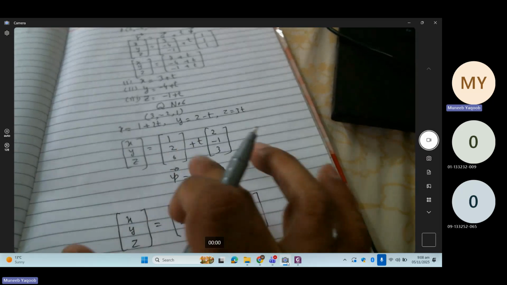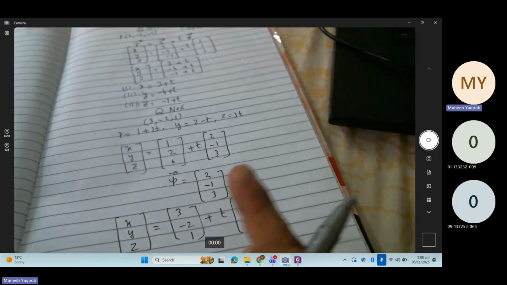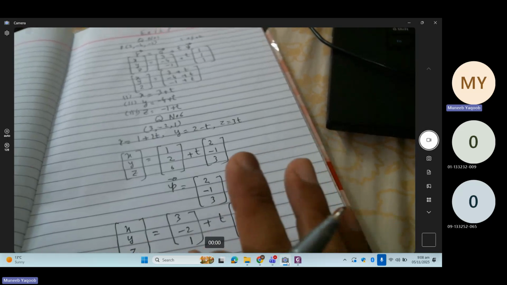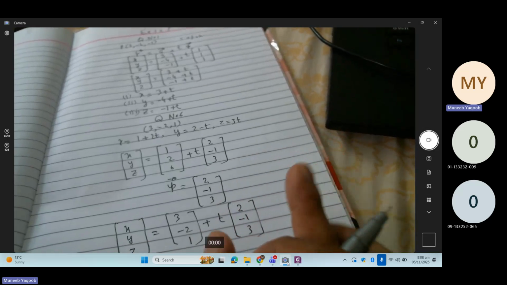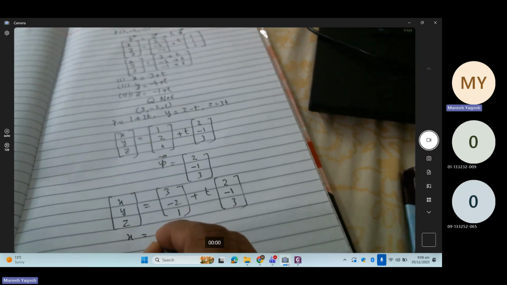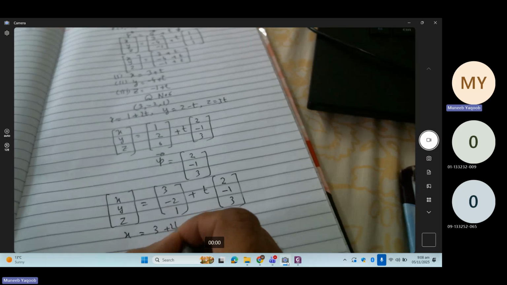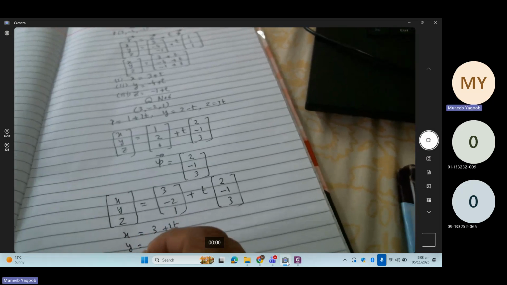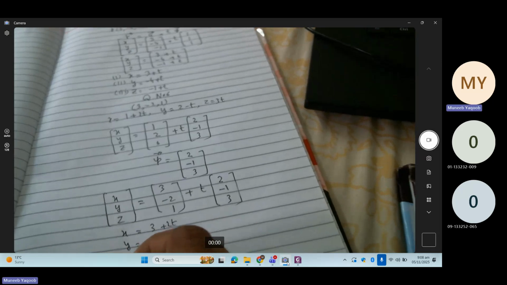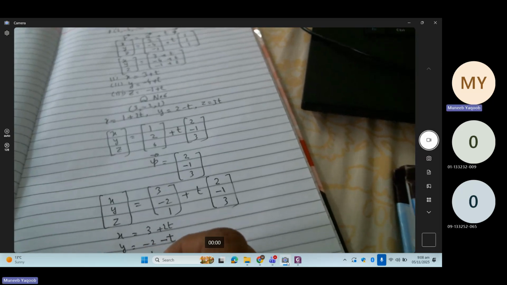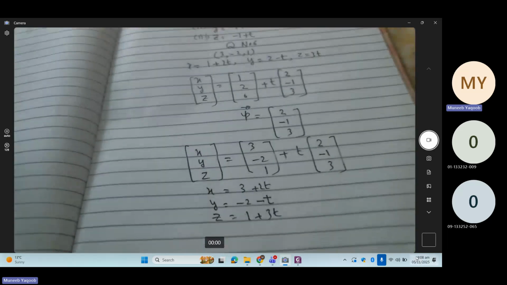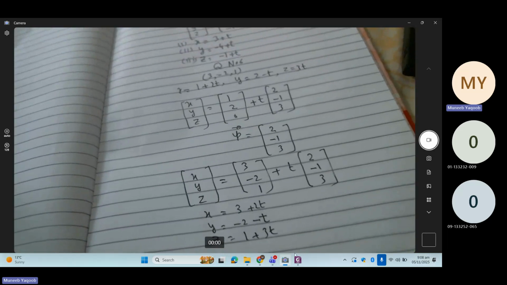Why? Because the given line was parallel to our line, and if two lines are parallel, their direction vectors must be equal. Hence we deduce that the parametric equations are x equals 3 plus 2t, y equals -2 minus t, and z equals 1 plus 3t. That is how we can find the vector equation of our line in question number 6.